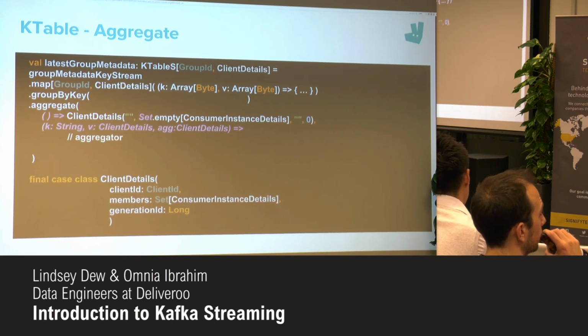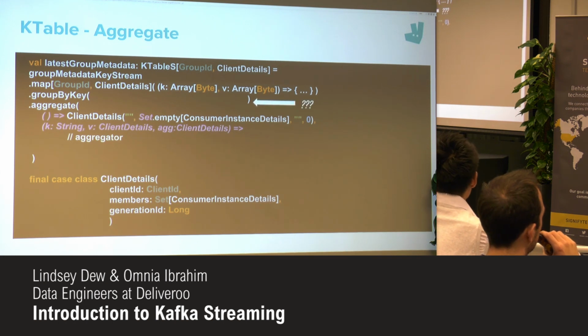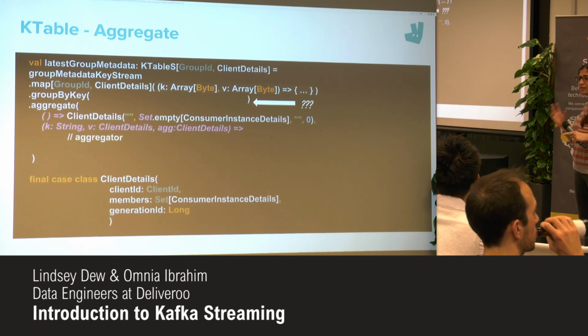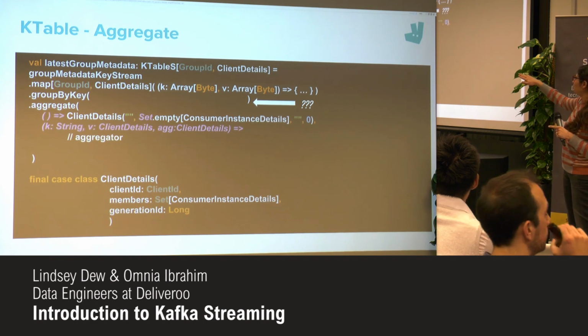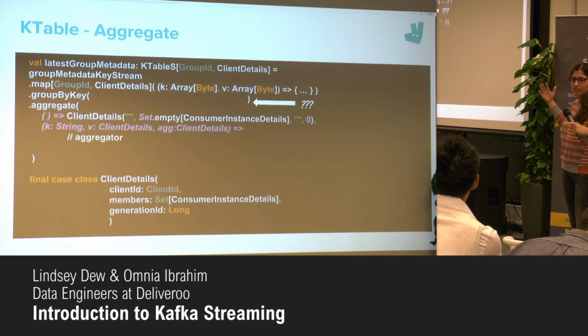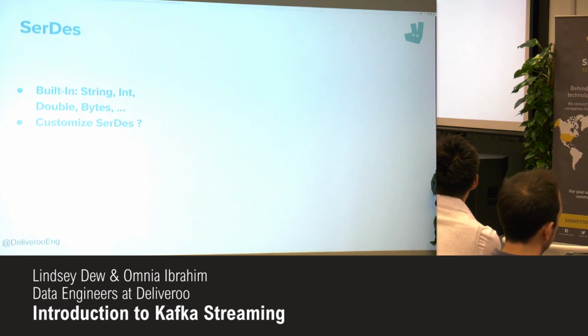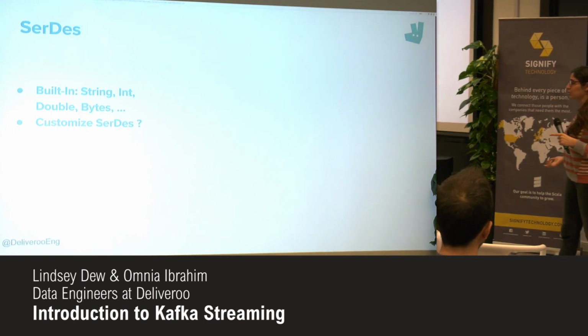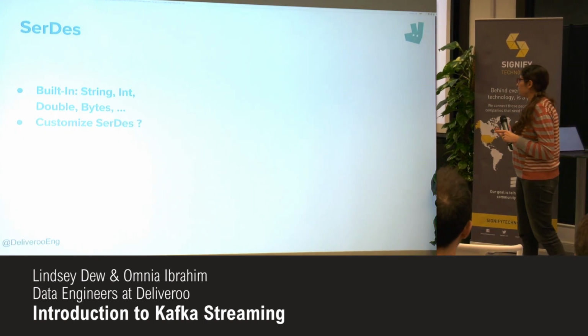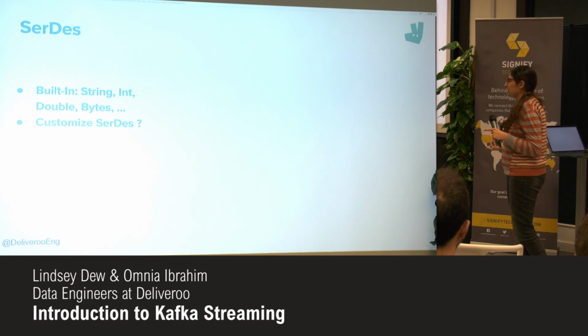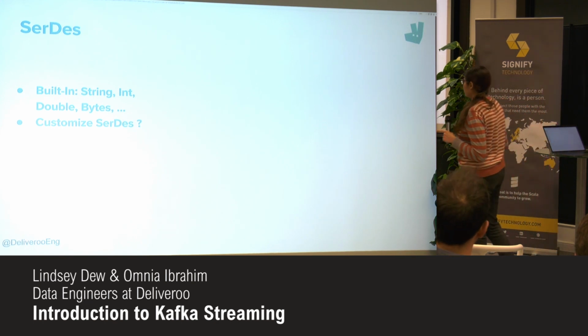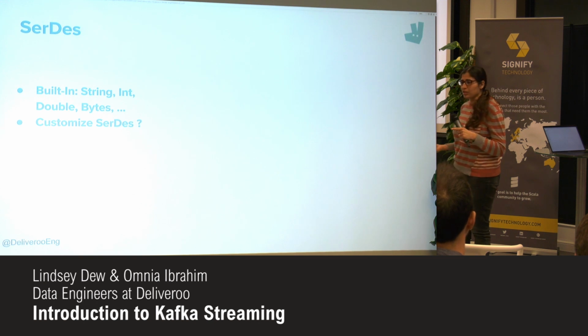The first thing here is the group by key has a big gap, because it doesn't know how to serialize this new type of data, which is the group ID and client details. Kafka doesn't know how to serialize this. So you will need to define your own serializer. The library comes with some built-in serialization, like string and double bytes, the normal stuff.